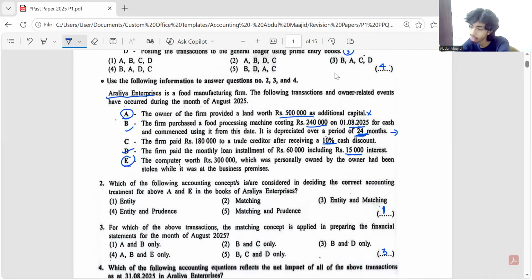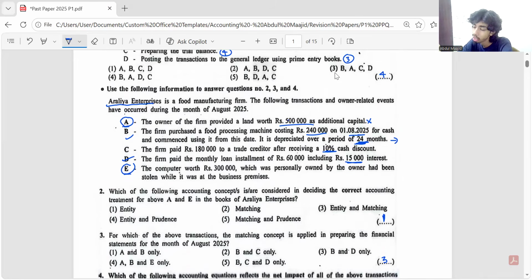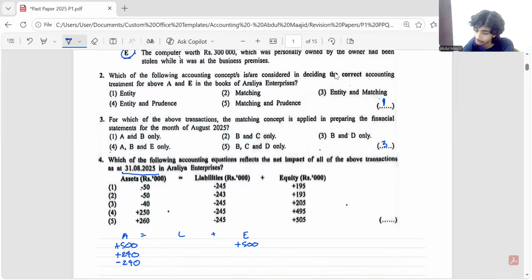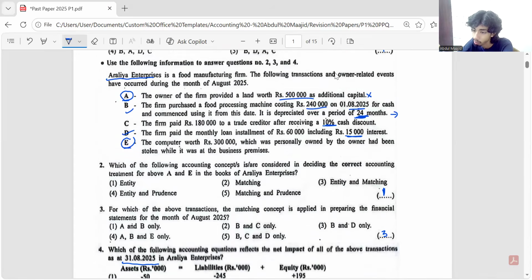In a depreciation for a month, no? 1st of August, they are asking the impact as at 31st of August. So depreciation is provided over 24 months. So 240 divided by 24 months, that is 10,000 depreciation. So asset value will decrease by 10, and since it's an expense, equity will be minus 10 as well.